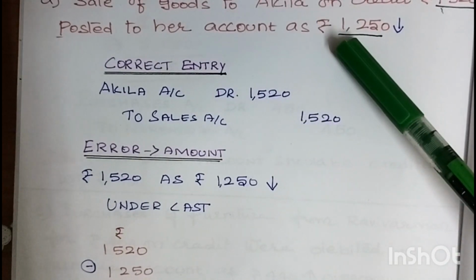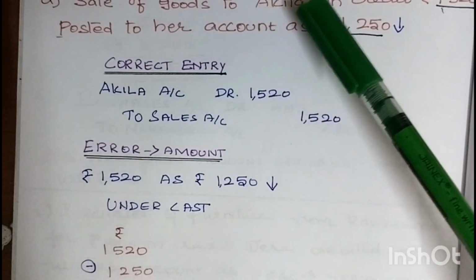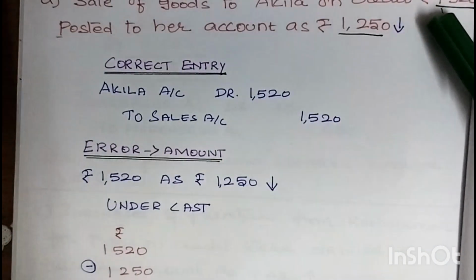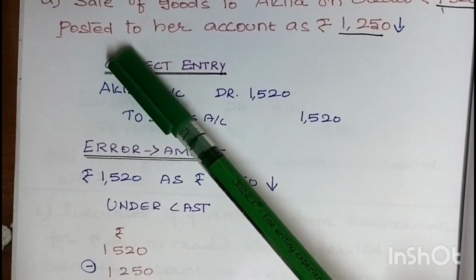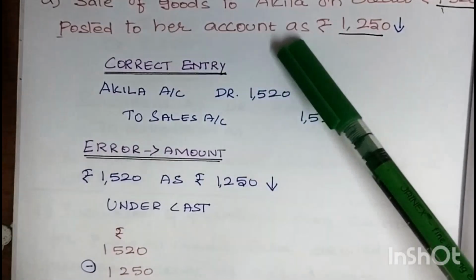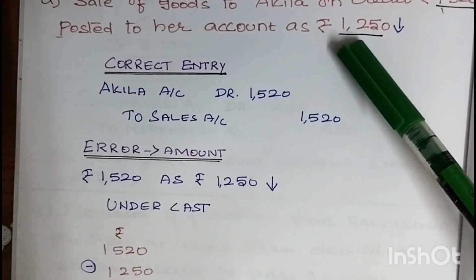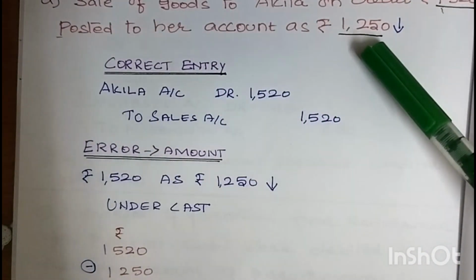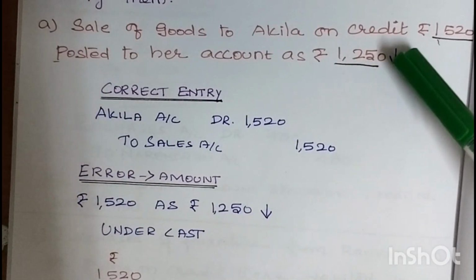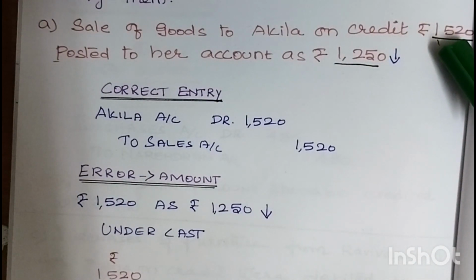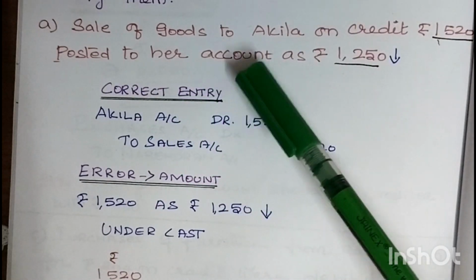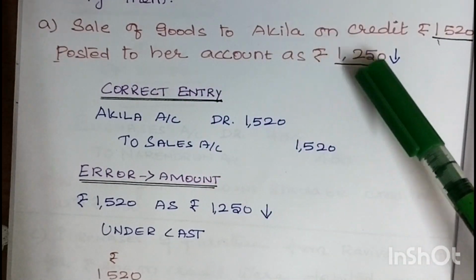Listen the transaction. Sale of goods to Akila on credit rupees 1520 posted to her account as 1250. So what is the meaning? Instead of 1520, an accountant entered in Akila's account as 1250.